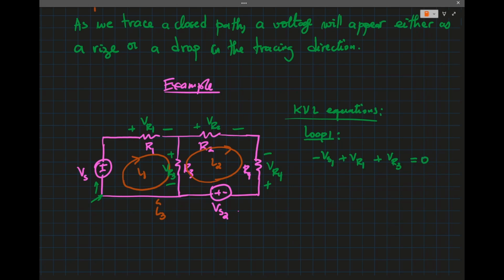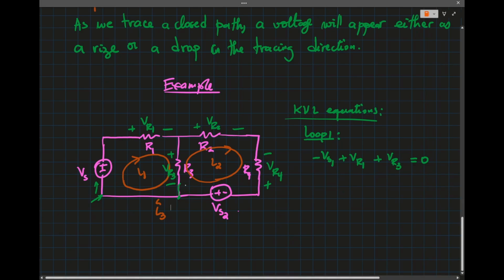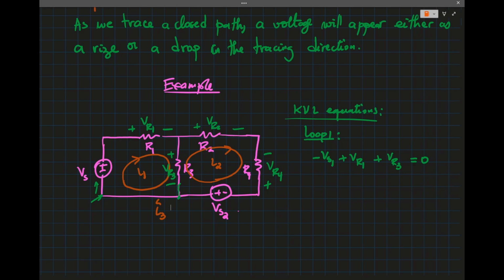Now let's do loop 2. For loop 2, we'll start from the bottom node and then we'll move upward. So what does that give me?